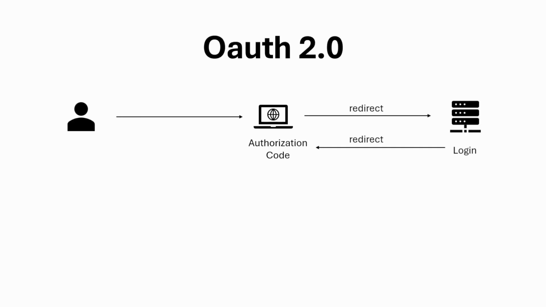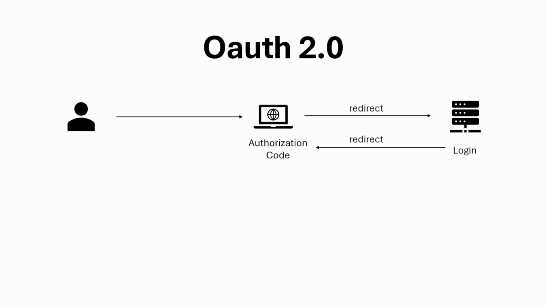Okay, so now we made all this process. We created our application in the authentication server. We created the URL to redirect the user to that authentication server, and we got a response redirecting our user again to our application, receiving the authorization code as a GET parameter. Well, what do we need to do now?